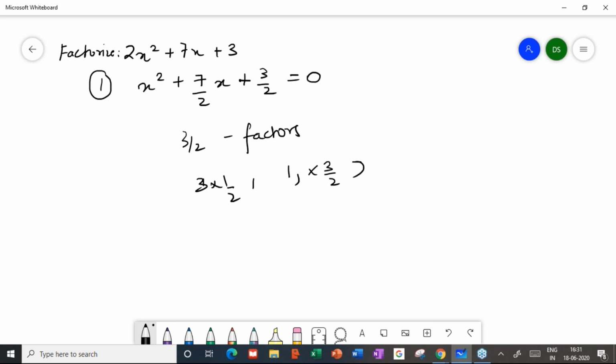There can be so many factors here. So in this case there will be quite a number of factors.